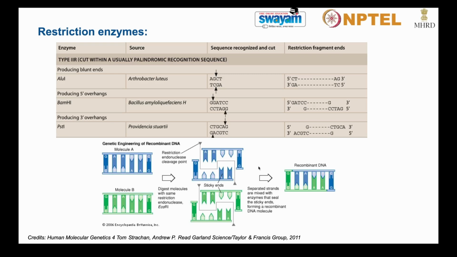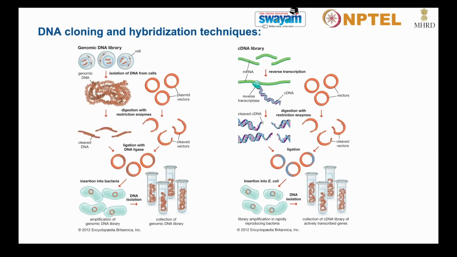So you can see that this particular part can bind with this particular part as both have the similar sequence. They are complementary to one another. In this way, recombinant DNA can be produced with the help of restriction enzymes and their generation of sticky ends. This is how restriction enzymes help during the production of recombinant DNA.